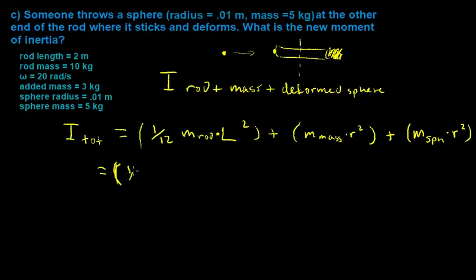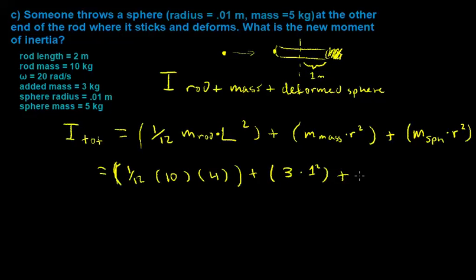So 1/12 of 10 kilograms times the length of our rod squared, which is 4, since 2 squared is 4, plus the moment of inertia of our mass, being 3 kilograms times 1 squared, because once again the distance between the axis and the mass was 1 meter.